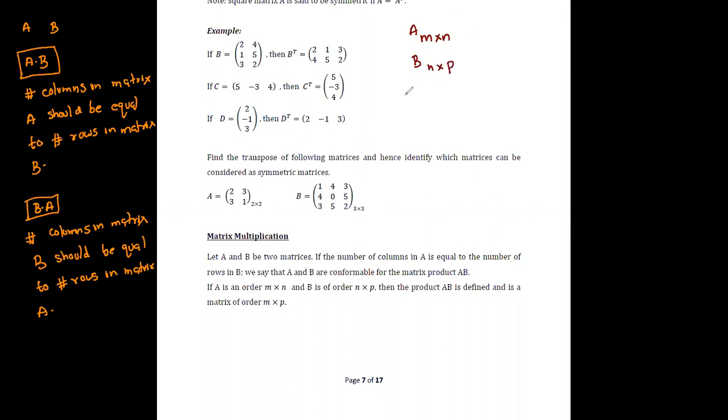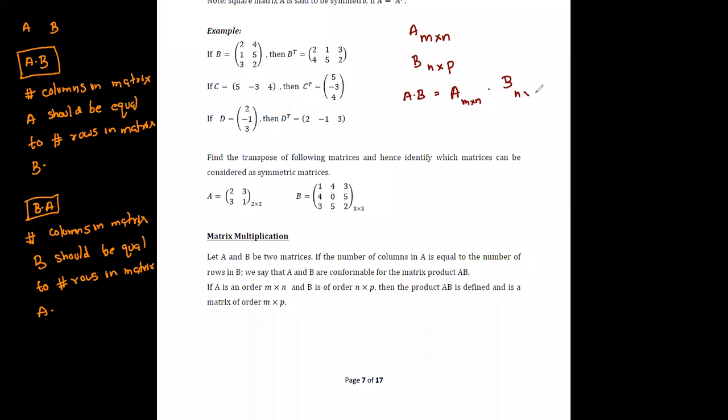You are supposed to obtain the answer for matrix A times B. If I include the dimensions in this expression, here it is an m by n matrix, and then you multiply this with matrix B, which has the dimension n by p.